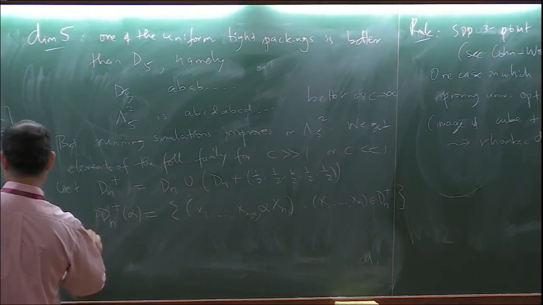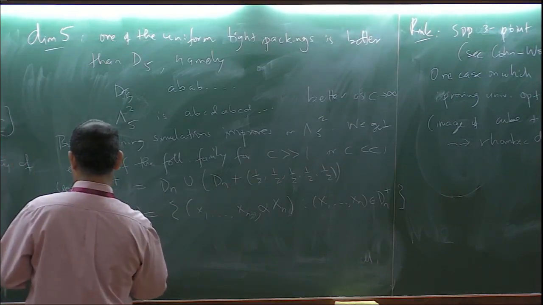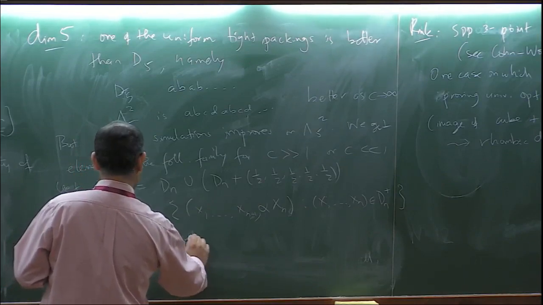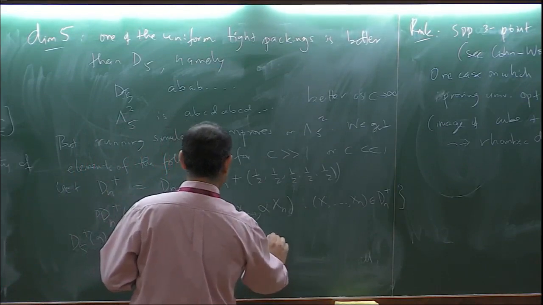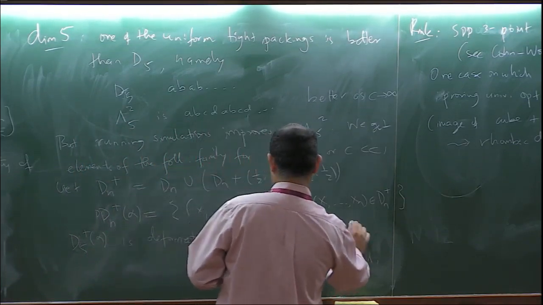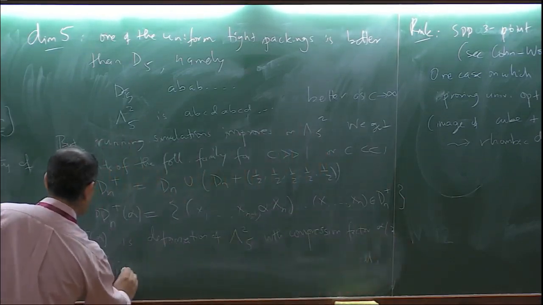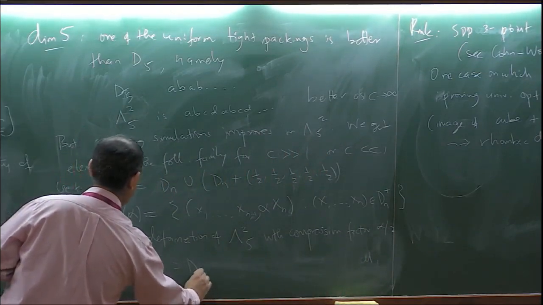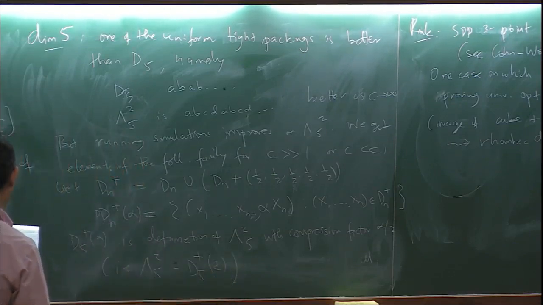So D5 plus alpha is a deformation of lambda 5-2 with compression factor alpha over 2. By which I mean that lambda 5-2 is actually part of this family, it is D5 plus of 2. Okay, so what happens?